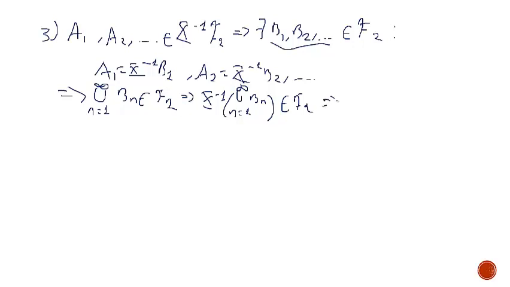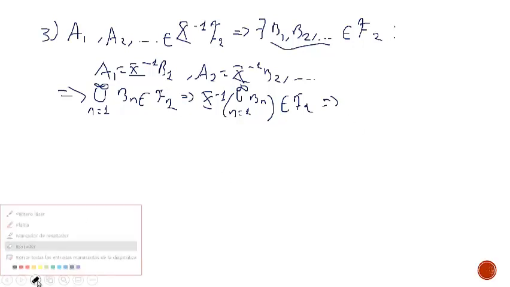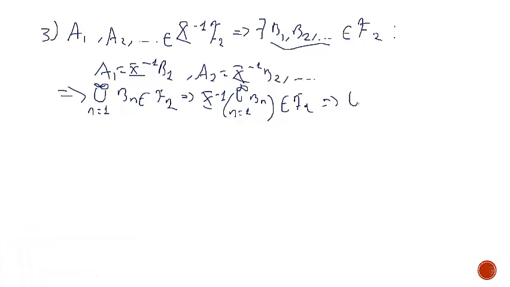Then, using another property of the preimage, we have that the union of the preimages is in this collection.